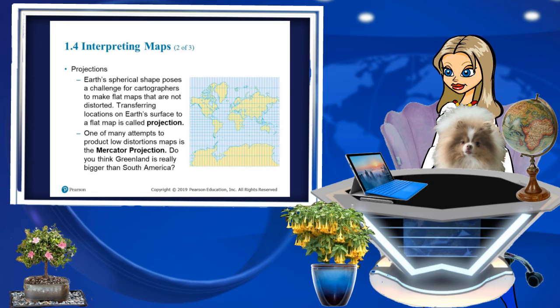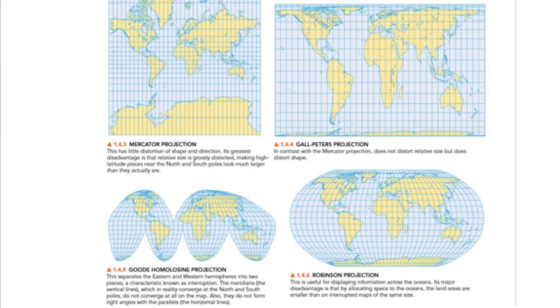One of the many attempts to produce low distortion maps is the Mercator projection. Do you think Greenland is really bigger than South America? So we have already seen the Mercator projection has a little distortion of shape and direction.